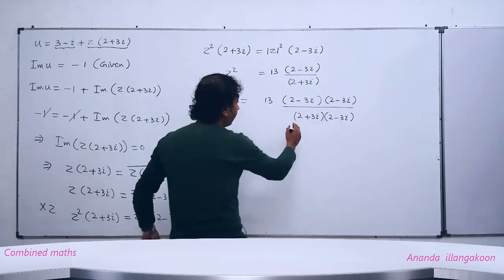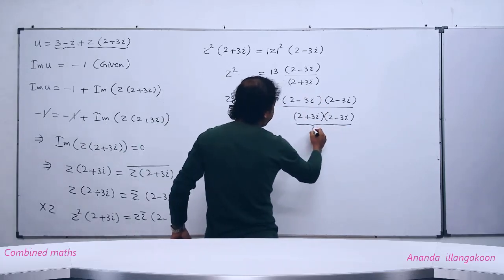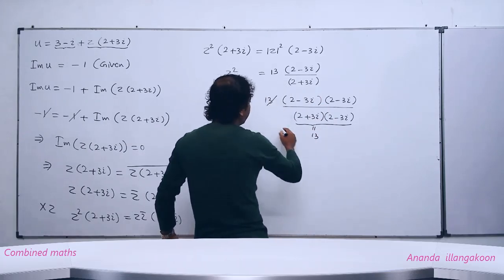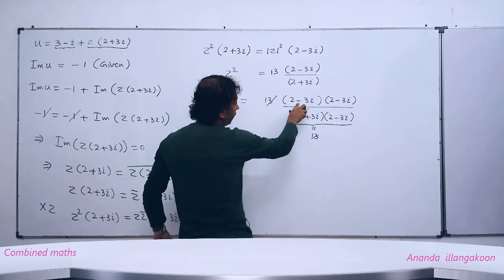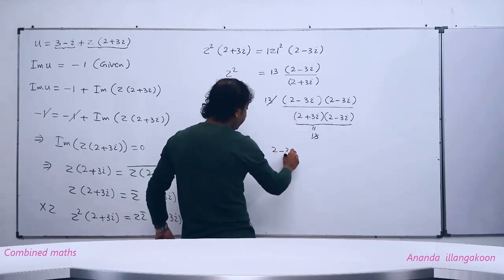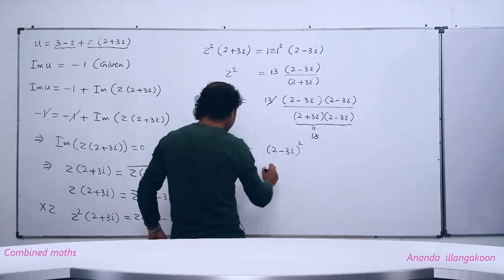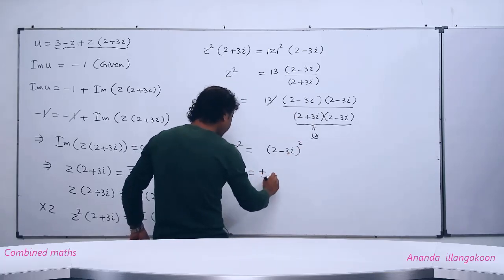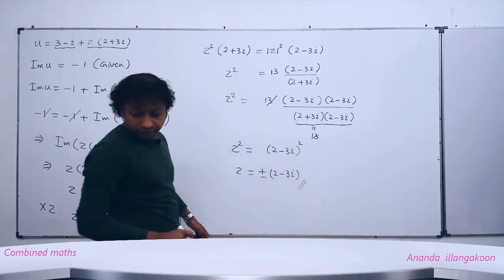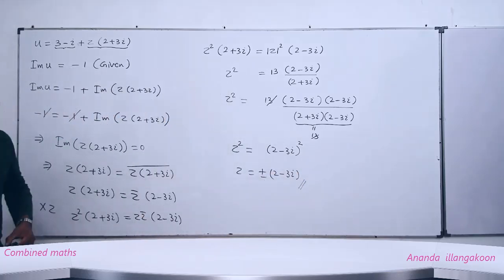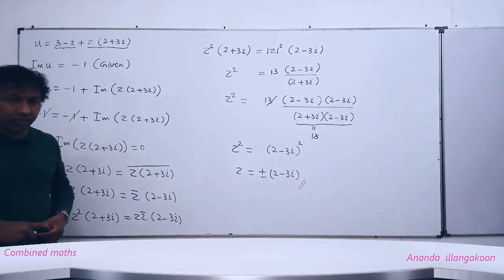This is 13. This and this you can cancel down. z squared is equal to here (2 plus 3i) perfect squared. Therefore, z equals plus or minus (2 plus 3i). This is how we take that. See there, the way we use the proved result at the very beginning of the question.